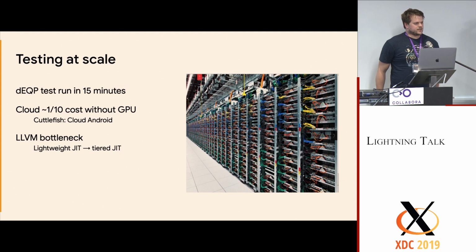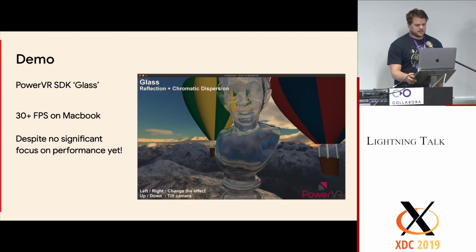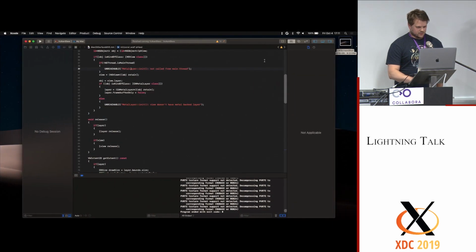And the Cuttlefish device is our implementation of Android, a reference implementation of Android, basically, that can run much cheaper than having lots of physical phones in a test battery. And today, LLVM compilation is still a bottleneck, but we're looking for a lightweight JIT replacement that is going to make it even faster. So I'm going to show you a little demo of it all.